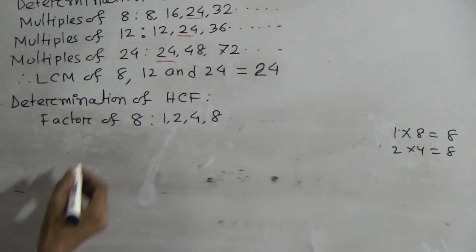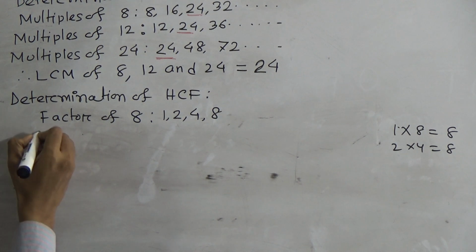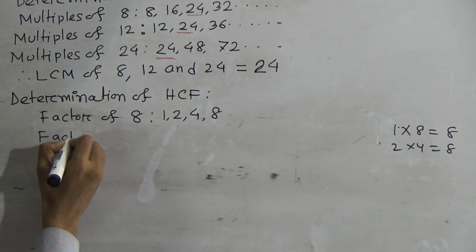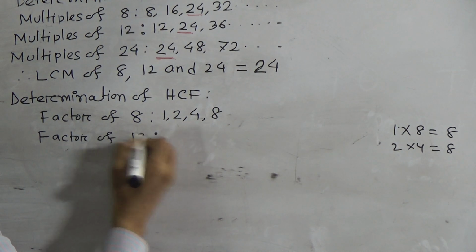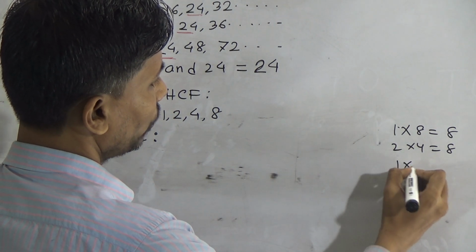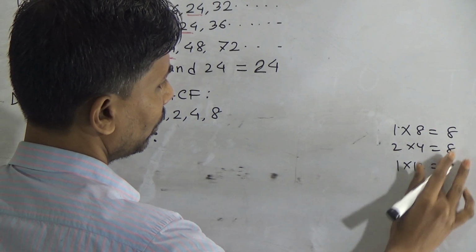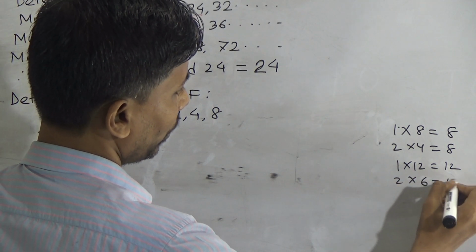Now factor of 12, right? What are the factors of 12? Look, 1 into 12 equal to 12. Then 2 into 6 equal to 12.